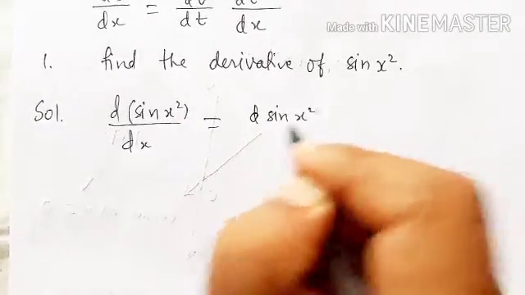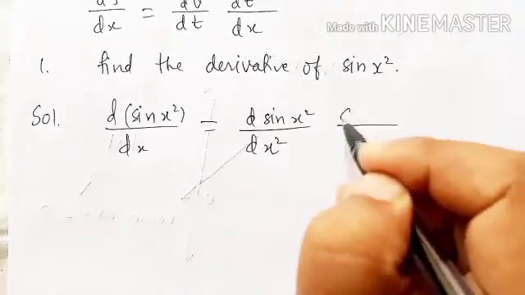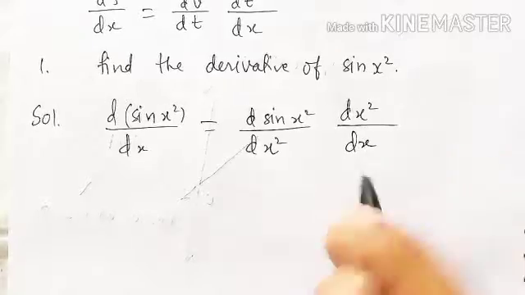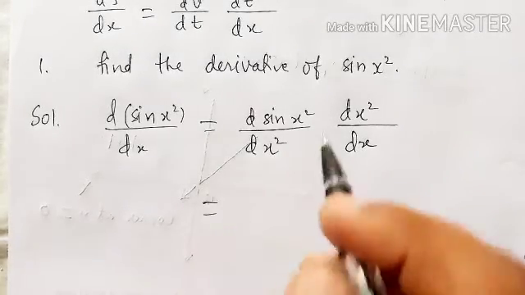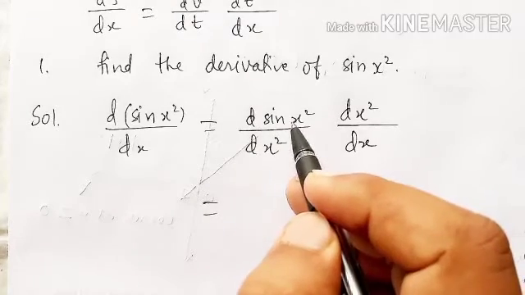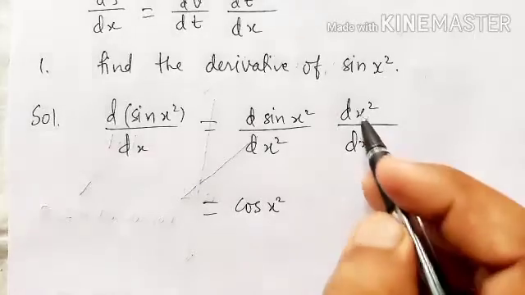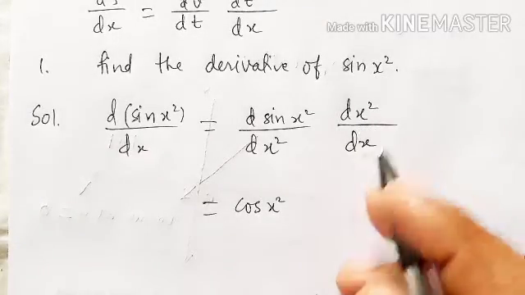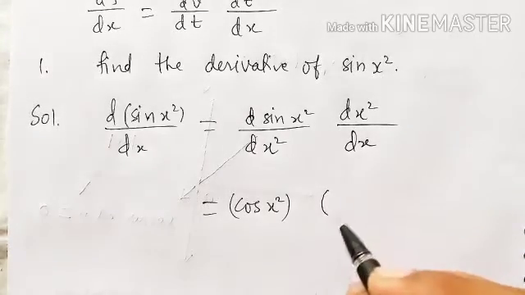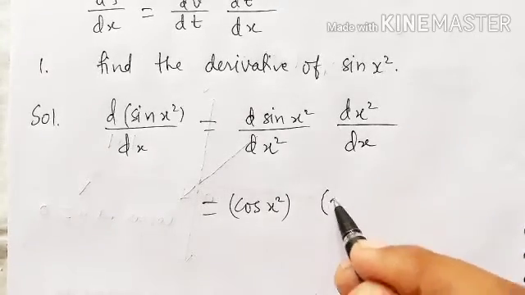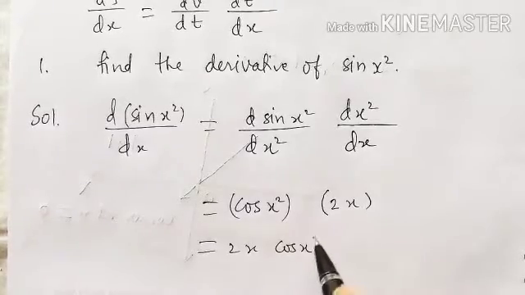So we write it this way to apply the chain rule. Now here d of sin x square, we know that the derivative of sin x is cos x, so cos x square. Here its derivative will be 2x. You know that the derivative of x to the power n is n x to the power n minus 1. So we have 2x cos x square.